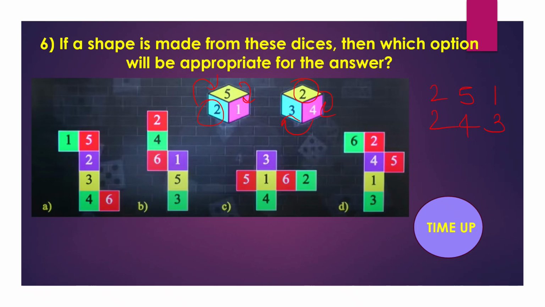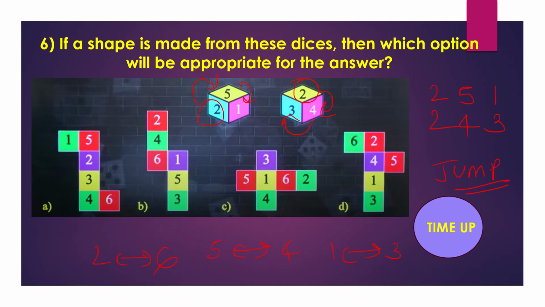So what are the opposite pairs here? 5 and 4, 1 and 3. So for 2, what is left? Which number is left? 6. Okay, that becomes the opposite pair. And in open dice, I told you to remember one word, that is jump.